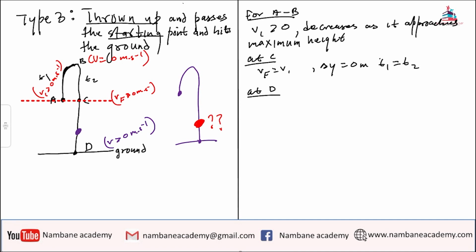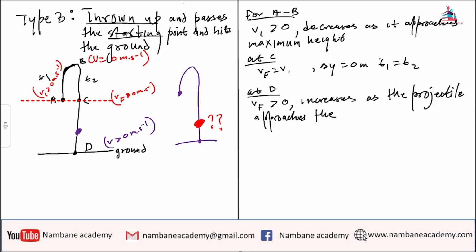And then what about at D, ladies and gentlemen? At D, which is at the ground now, V final greater than 0, or comma, increases as the projectile approaches the ground.